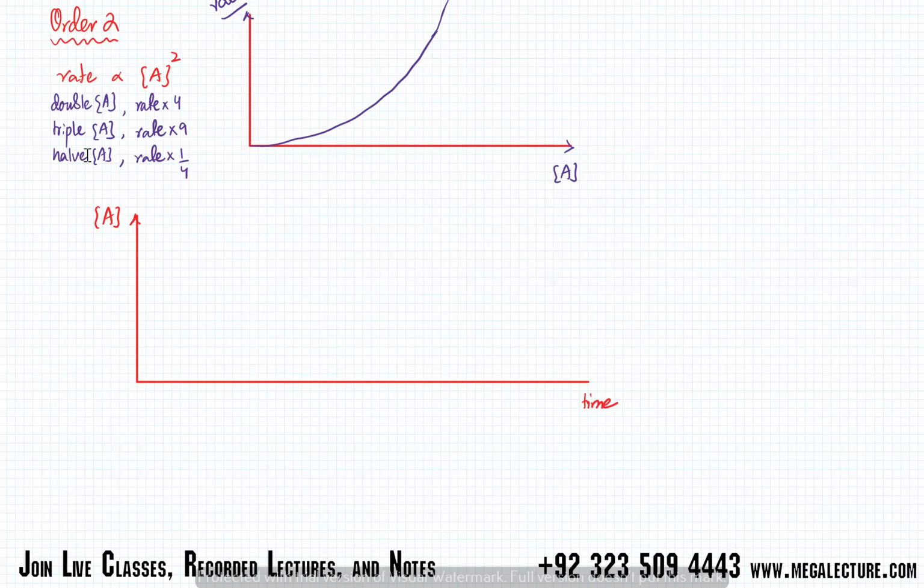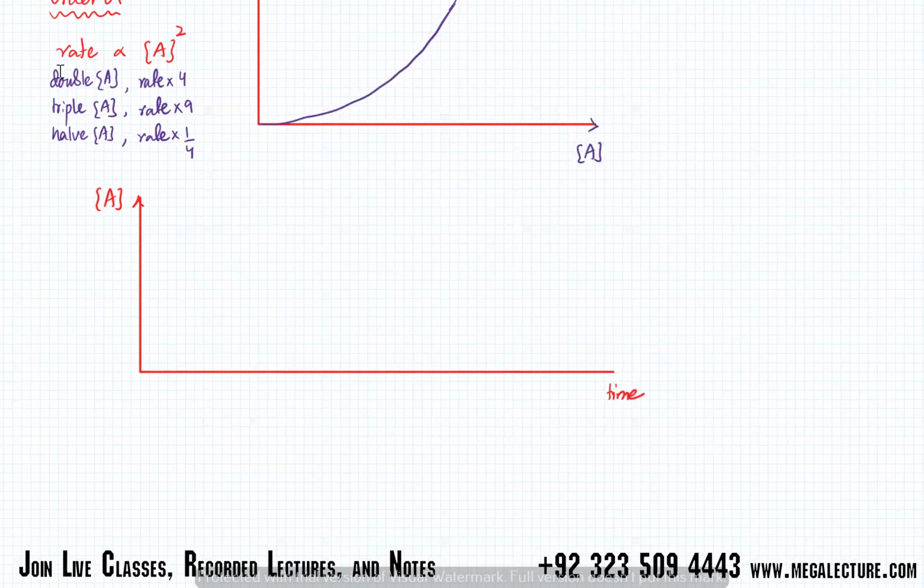Like if you decrease A's concentration by half, the rate will become 1/4. If it becomes 1/3, the rate will become 1/9. If A's concentration decreases to a quarter, then the rate will become 1/16. So remember, when it's slowing down, it's going to slow down at a much faster rate.